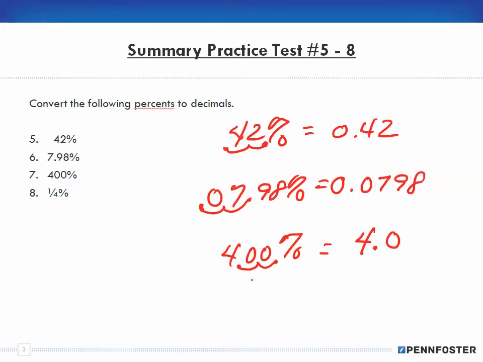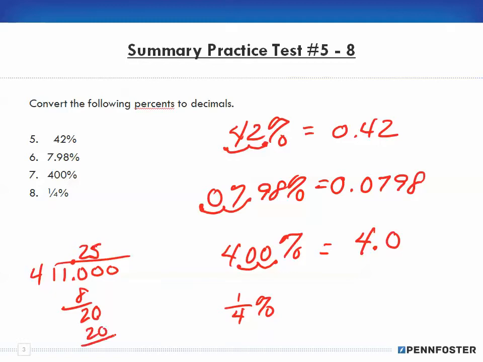And then, of course, 1/4 of a percent. If I take the 1 and divide it by 4 in order to get a decimal, 4 goes into 10 2 times, that's 8. 2 left over, bring down my 0, that's 20, 4 goes in 5 times, no remainder.